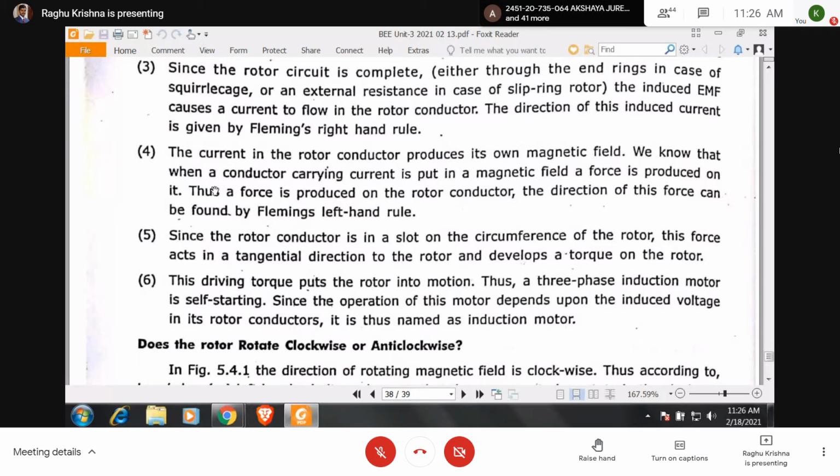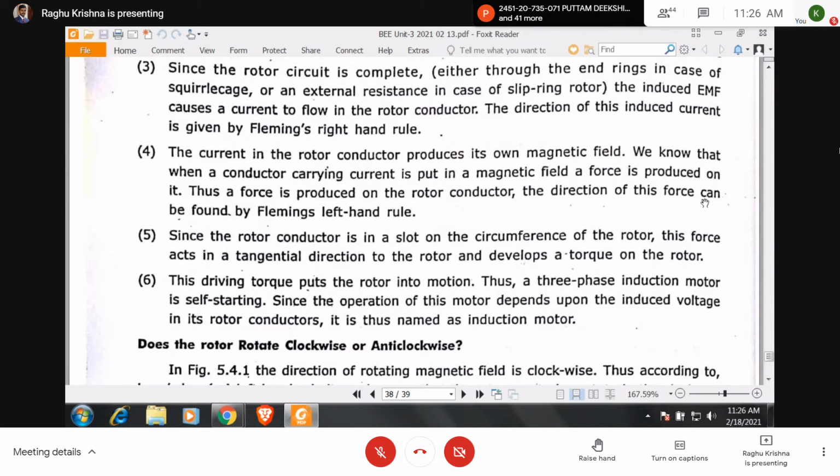We know that when a conductor carrying current is put in a magnetic field, a force is produced on it. So you know that a current carrying conductor placed in a magnetic field experiences torque. So the force is given by BIL, where B is the magnetic flux density, I is the current flowing through the conductor, L is the length of the conductor. Okay. So the force is produced on the rotor conductor.